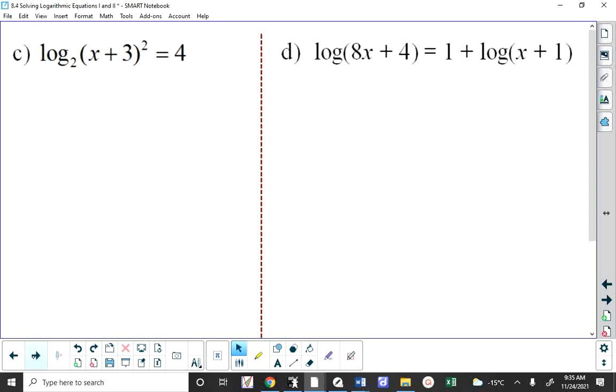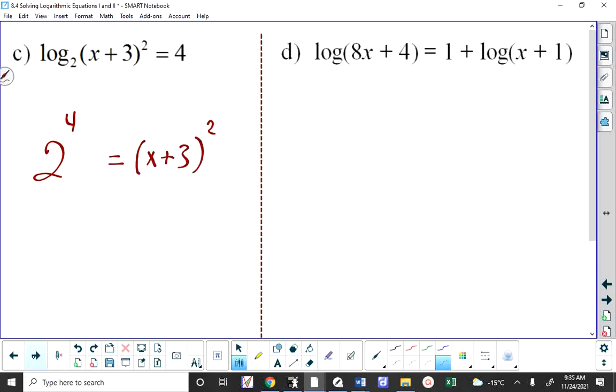If I rewrite this in exponential form, the base of the logarithm, which is 2, raised to what the logarithm is equal to is x plus 3 quantity squared, which is the argument. And we can simplify this. 2 raised to the 4 is 2 times 2 times 2 times 2.